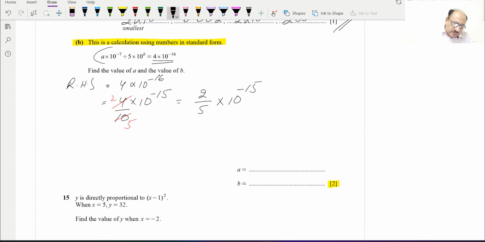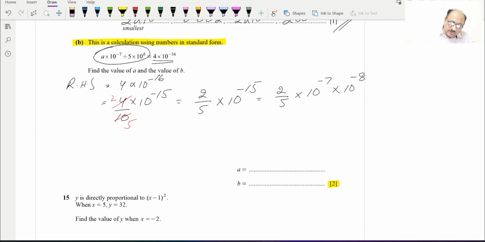We are keeping in mind that we have to reshape our answer in the required format. So we can write it as 2 over 5 into 10 raised to the power minus 15, which we can write as minus 7 and 10 raised to the power minus 8. Now we can shift this minus 8 to the denominator.